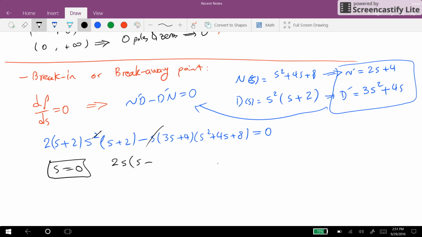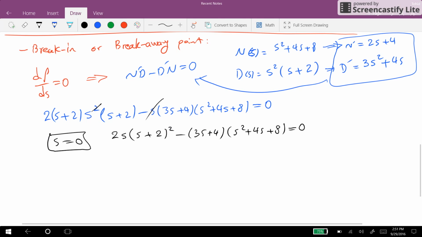And what remains for us is 2s times (s plus 2) squared minus (3s plus 4) times (s squared plus 4s plus 8) equal to 0. We need to find the roots for this equation. I think you can do it yourself, either analytically or using some tools like MATLAB.